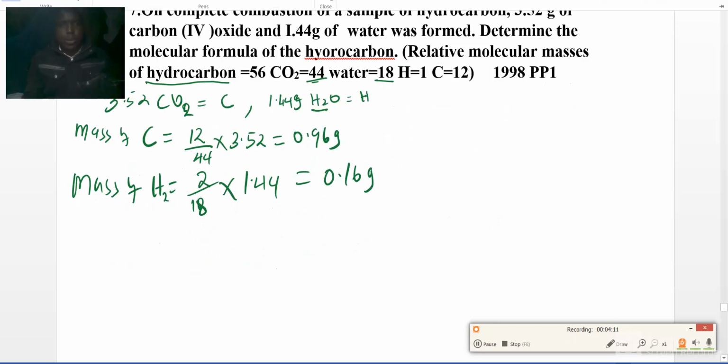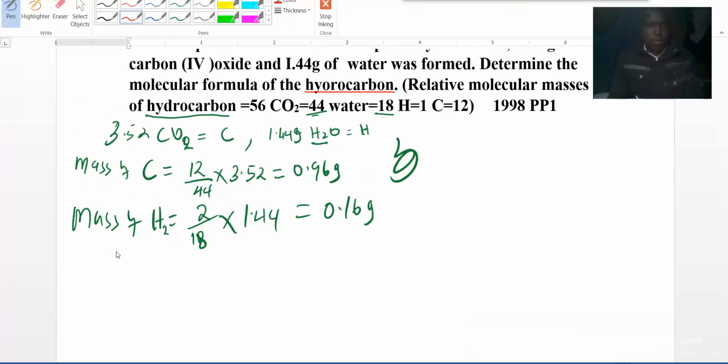So once we have that, since now we have the mass of each element, we can calculate the empirical formula. We know how to do that. We write the element.